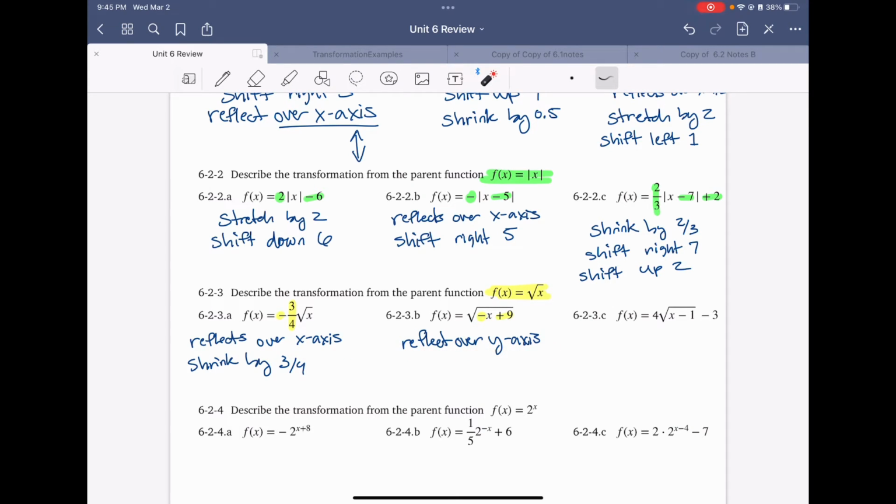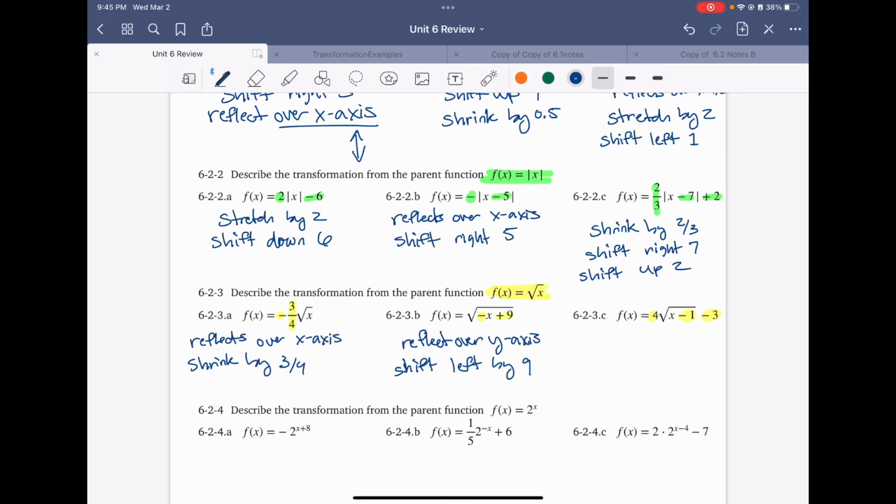All right, and then our +9, that's inside as well, so that's going to move it left or right, and it is going to shift it left by 9. All right, last problem on this row. So the things that are different, let's see, we have a 4 in front, we have a -1 under our square root, and we have a -3 outside our square root.